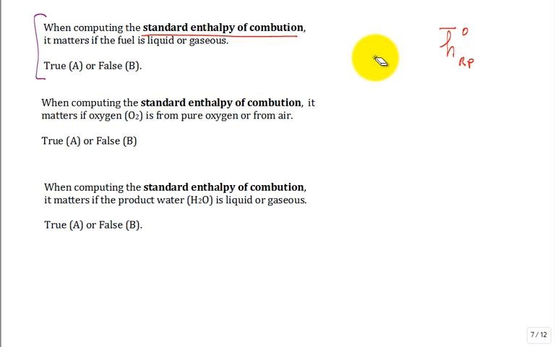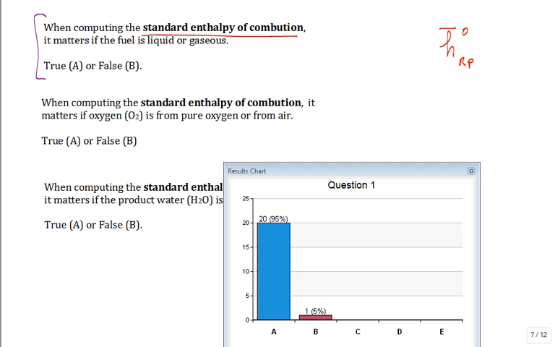True? That's what we're talking about. Okay. It matters if the fuel is liquid or gaseous, true or false. Does it matter if the fuel is liquid or if the fuel is gaseous? True? It does matter. False does not matter. All right.